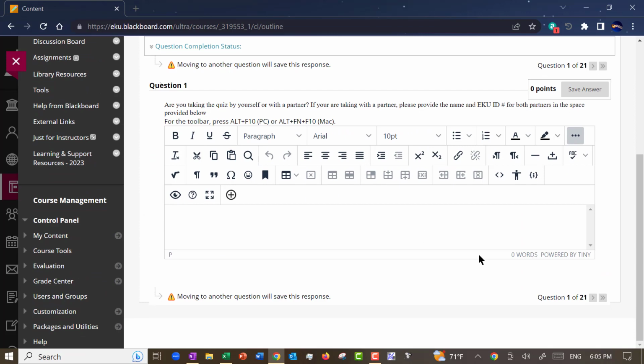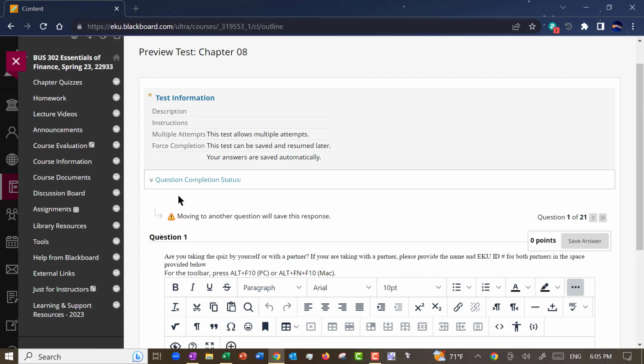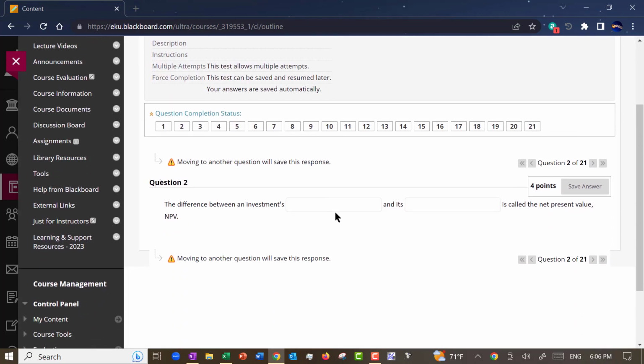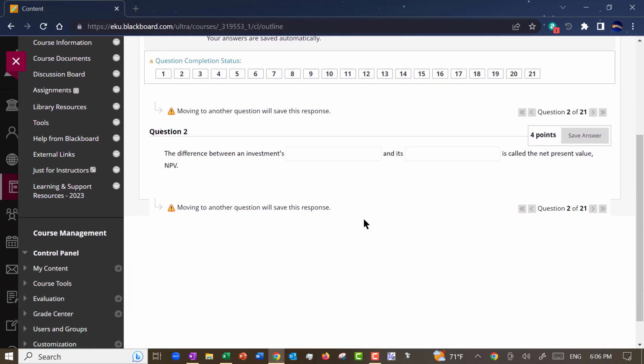All right. Okay. Now, who wants to attack this? The difference between an investment and blank is called the net present value. Just get a stab at it.